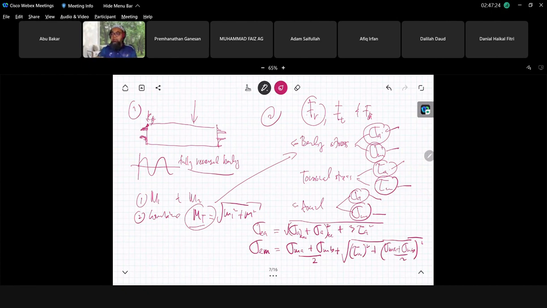Then you could proceed to calculate the safety factor, because kita dah kira Sn.